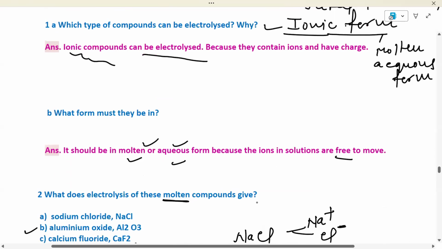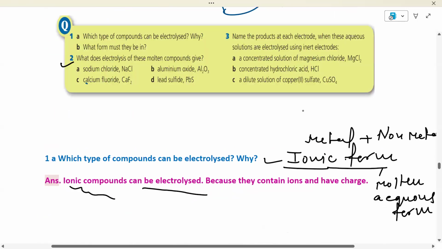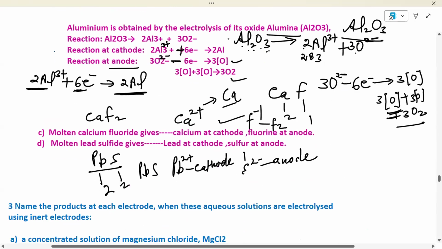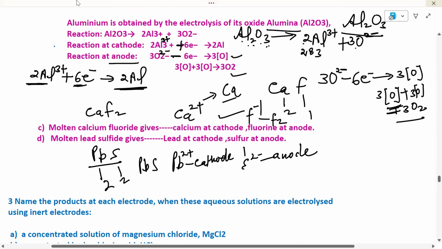Now the next question is, name the products at each electrode when these aqueous solutions are electrolyzed using inert electrode. Now we have to do this one. Name the products at each electrode.